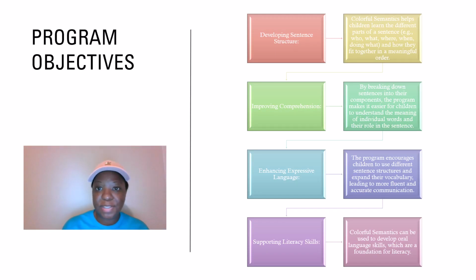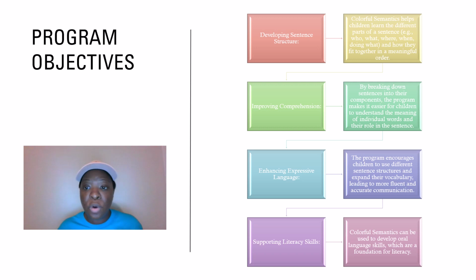Program objectives. So, developing sentence structure. Colorful semantics helps children learn the different parts of a sentence. For example, who, what, when, where, and doing what, and how they fit together in a meaningful order. By breaking down sentences into their components, the program makes it easier for children to understand the meaning of individual words and their role in sentences.